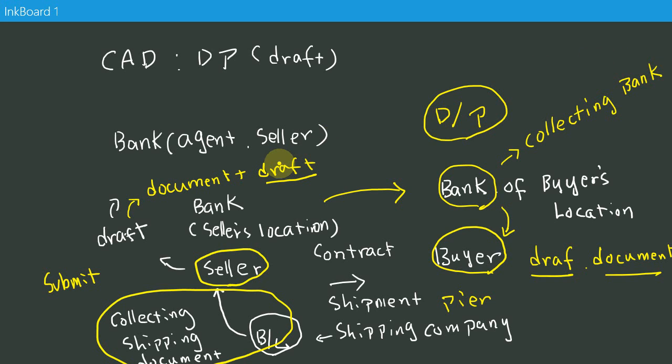This bank, the seller's bank, sends the document and draft to the buyer's bank. This sending bank on the seller's side is called the remitting bank.